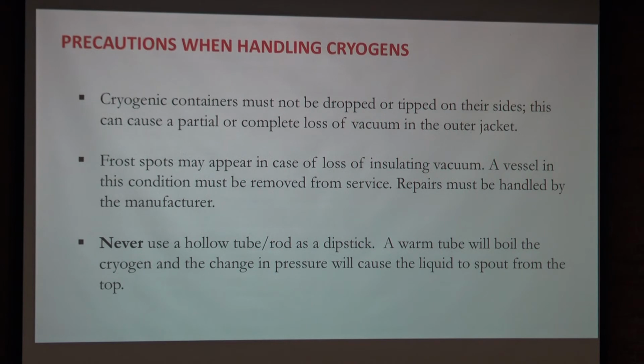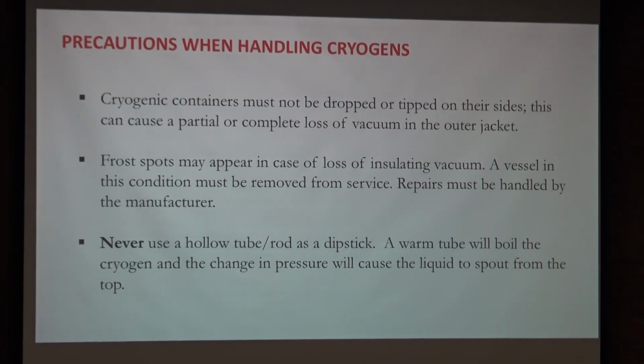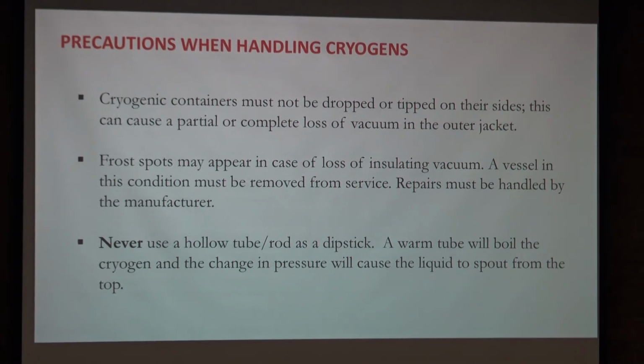When the vacuum is lost, of course, the dewar is no longer insulating, and the gas will rapidly evaporate and expand. Inspect your transfer dewar for frost spots, where you see some condensation on the outer wall of the dewar.